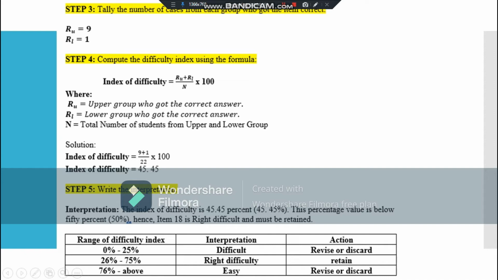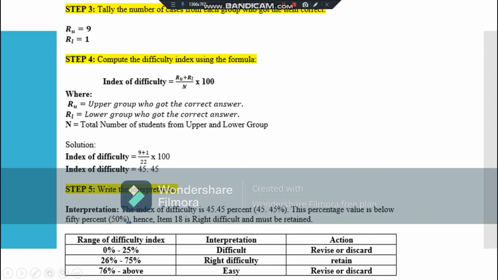Next, we have to compute the index of difficulty. To compute it, we simply add R sub U, the right responses in the upper group, and R sub L, the right responses in the lower group, all over N. Our N here is the total number of students from the upper and lower groups.